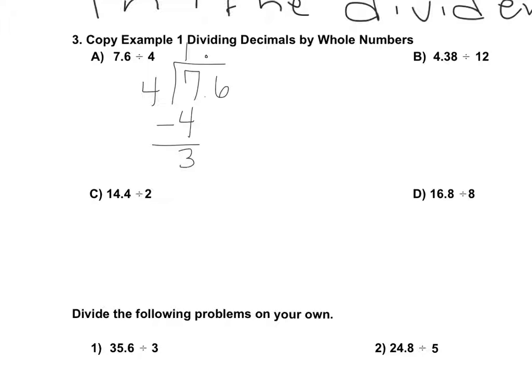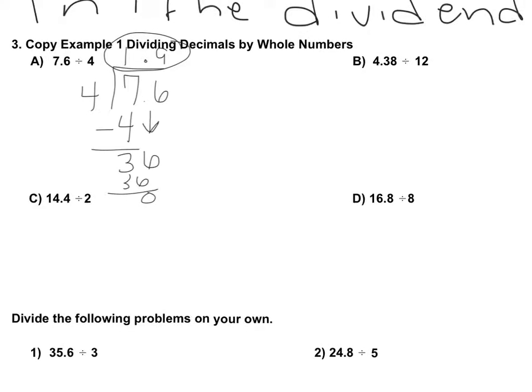You have your remainder, so you can bring your 6 down. Makes that 36. And then 4 goes into 36 9 times, because 4 times 9 is 36. And you subtract, and you get 0. So your answer is 1.9. Make sure you copy this example in your own video notes.